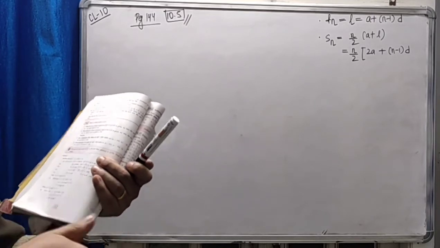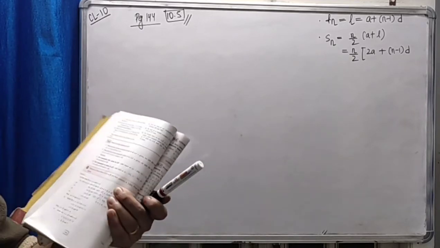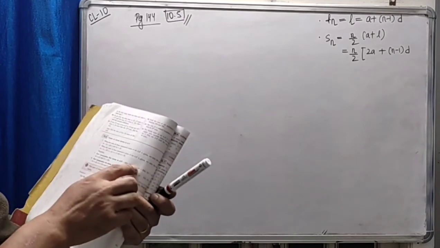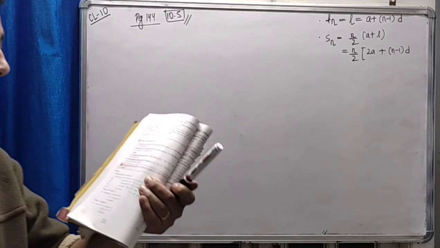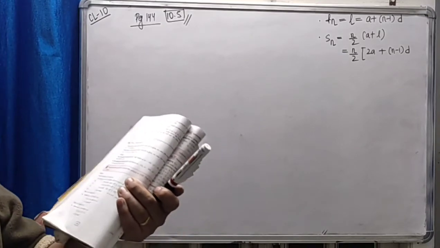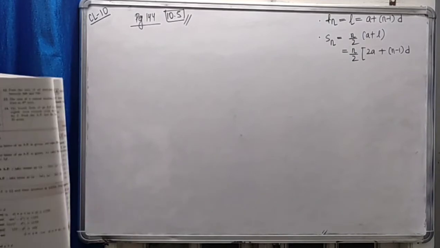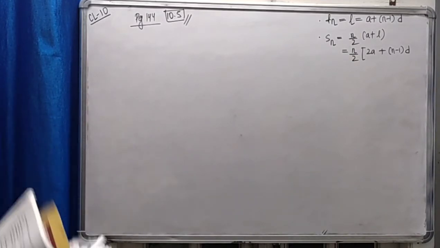Likewise, if 4 consecutive numbers are given to us, we'll take them in this way. For consecutive 5 terms of an AP, we'll take them in this way, and for 6 terms in AP, we'll take them in this way. So consecutive 3 terms, 4 terms, 5 terms, and 6 terms, 4 formulas are there. So please learn by heart how we'll take the numbers. It's there on page number 144. Note it down in your copies.